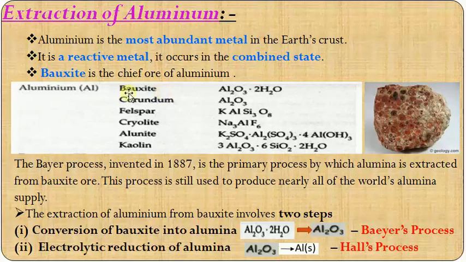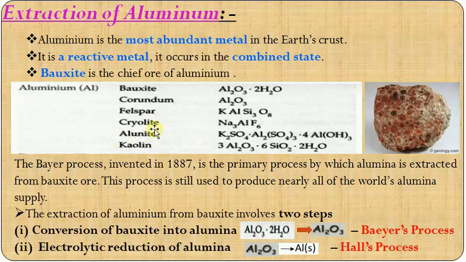You could see here the bauxite ore, Al2O3.2H2O, which is the chief ore of aluminium, from which the aluminium is extracted profitably and economically. The other minerals are corundum, Al2O3, feldspar, cryolite, alunite.